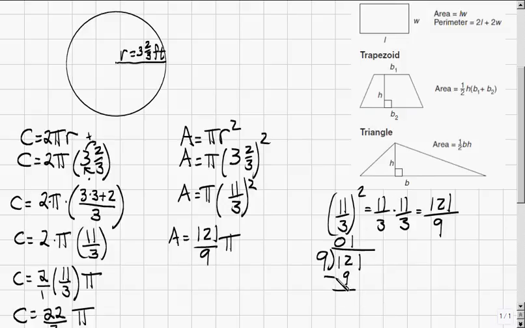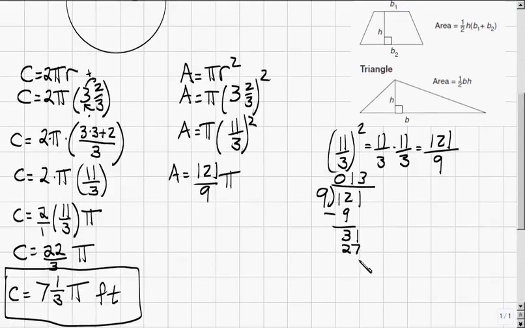Subtract, we get 3, and carrying down the 1, we get 31. 9 goes into 31 3 times. 3 times 9 is 27. And 31 minus 27 becomes 4, our remainder. And we could write the remainder as a fraction by writing it as 4/9, the remainder out of what we're dividing by.